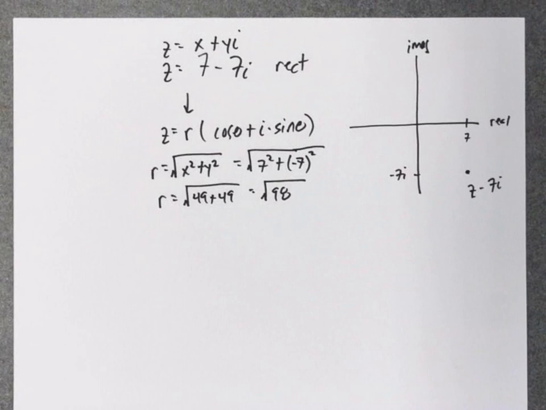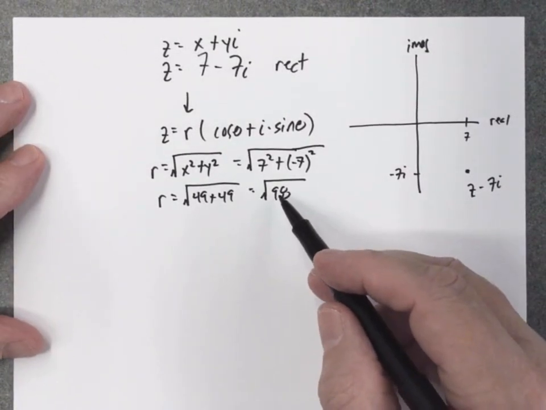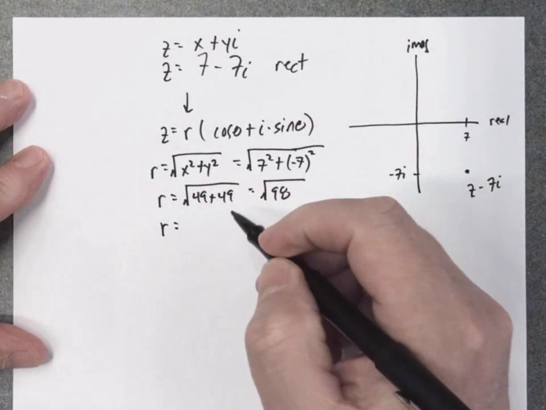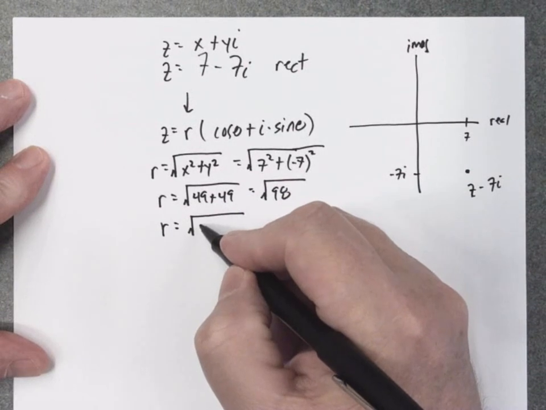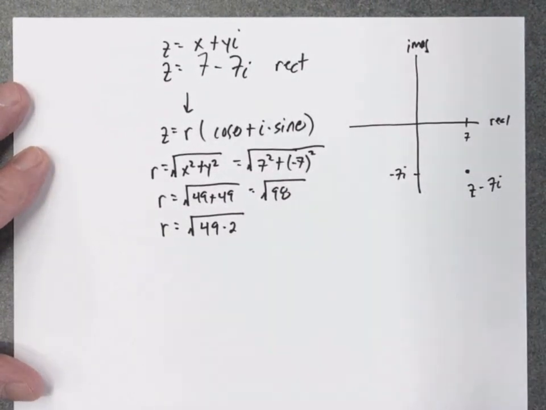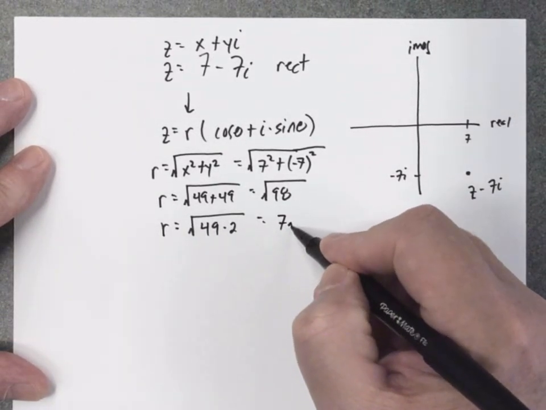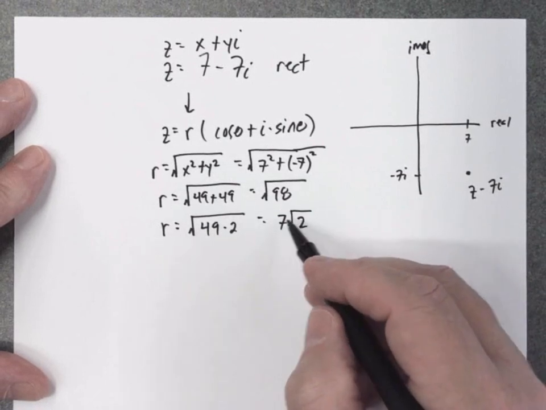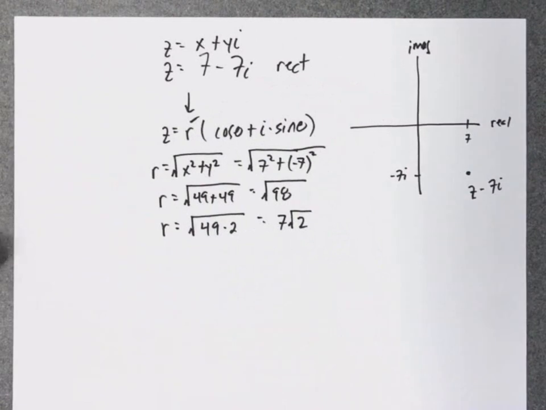However, in math, we always have to simplify these radicals, and this can be simplified. 98 we can call 49 times 2. The square root of 49 comes out as a 7, so the square root of 98 is 7 times the square root of 2. So r is 7 times the square root of 2. So we've got the r.